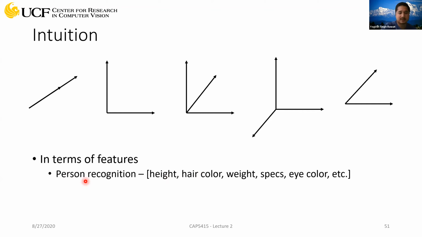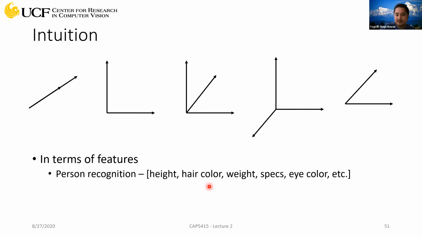We have to describe some features. Those features could be height, hair color, weight, whether the person is wearing specs or not, and eye color. Even as humans, we use these to recognize or identify a person, apart from facial features.